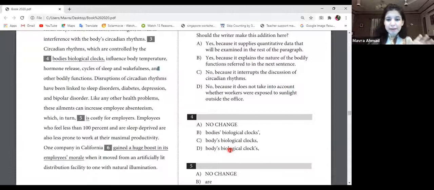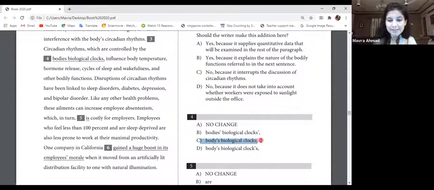We are talking about the body of a person and the biological clock inside the body. So the correct possessive construction for body, which must be a singular noun, should be option C. C is the right answer.